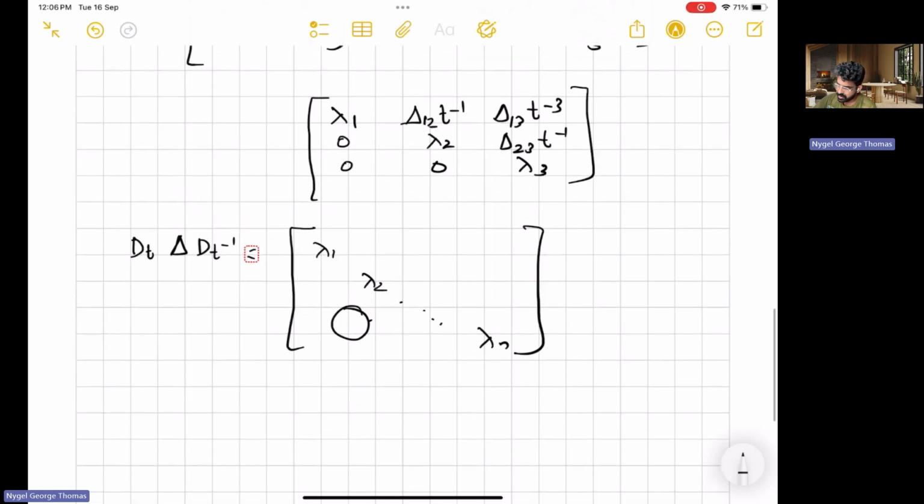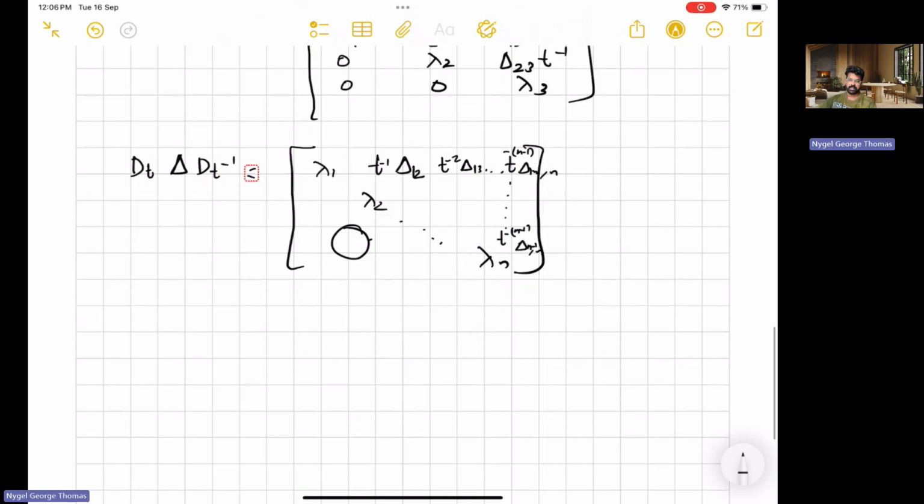And here you will get t raised to minus 1 into delta 1 2, t raised to minus 2 into delta 1 3, etc., t raised to minus n minus 1 into delta 1 n, etc. Here also you'll get t raised to minus 1 into delta n minus 1 comma n. Fine. This is how you get it.